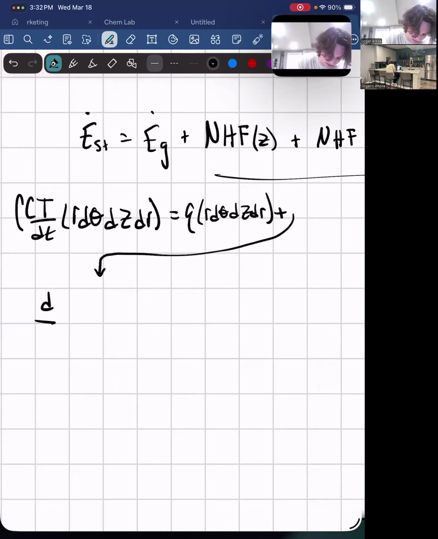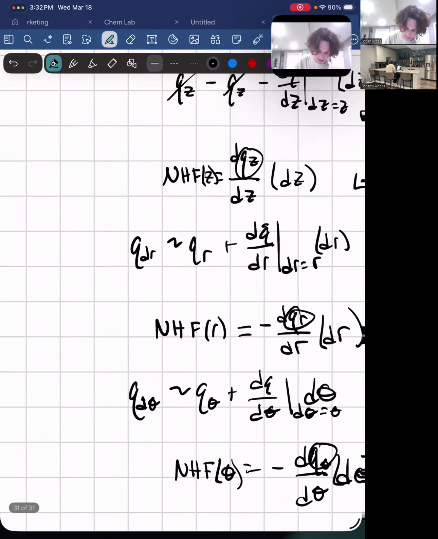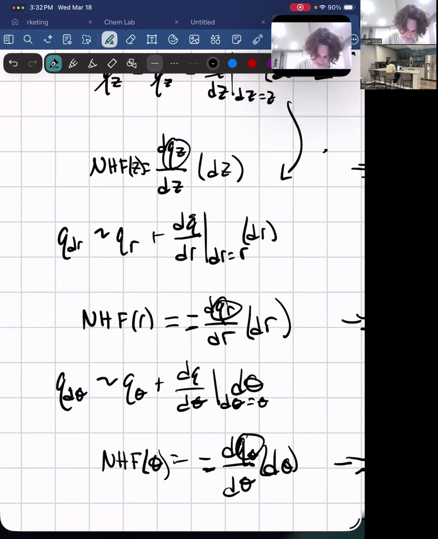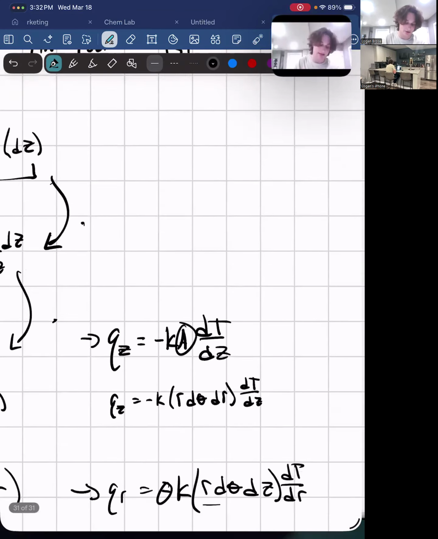We have our dz times, and this is our minus. These are all going to be minuses. We have a minus sign on each of these, and that will cancel out with this minus sign in our k.